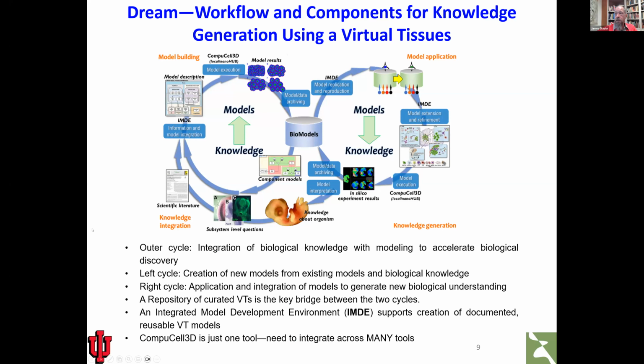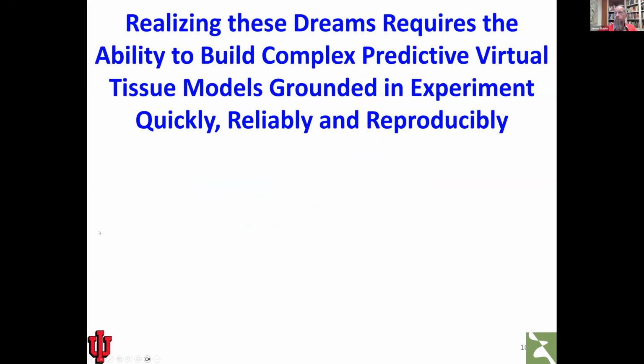These are all difficult problems. We're certainly not going to talk about all of them today, but I think it's worth thinking about the whole workflow of knowledge generation and application because it's going to inform the kinds of decisions that you make at each scale.